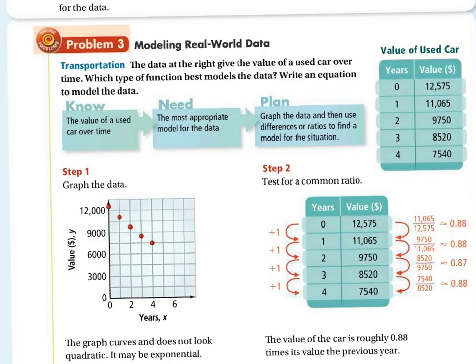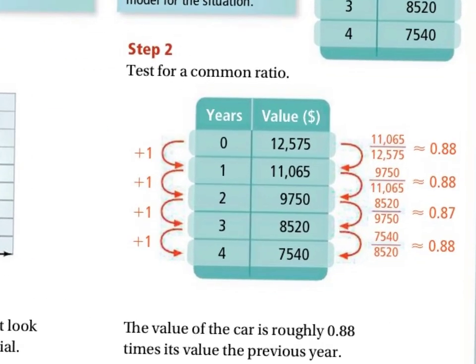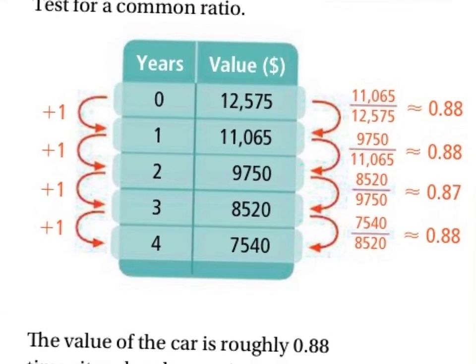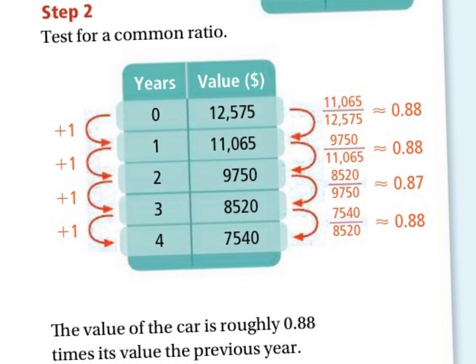And so what they did here is they divided out y value and the next y value, and they're getting about the same answer. What that means is we're multiplying, let's say this 12,575, by about 88 hundredths.